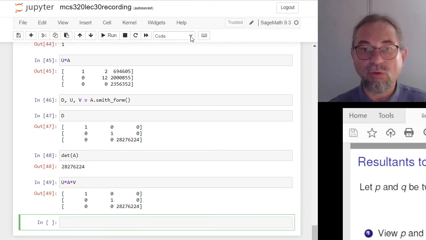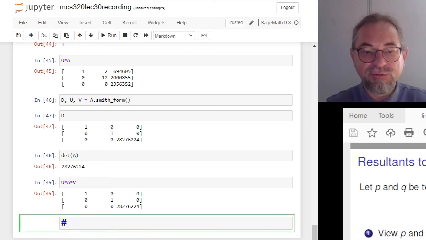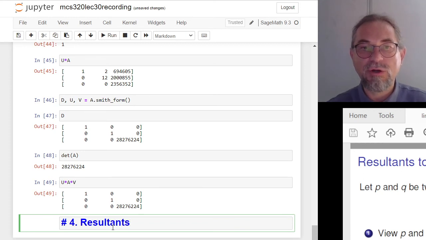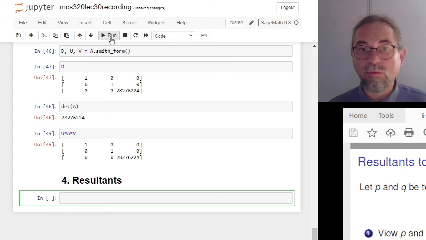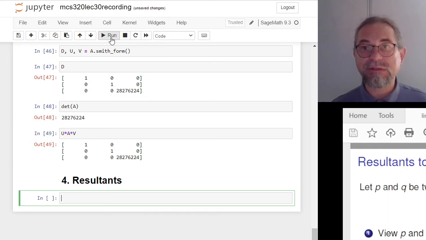So now I still have 10 minutes left to indicate the applications to resultants. With resultants, we eliminate variables, similar to what we did with the construction of the Gröbner basis.